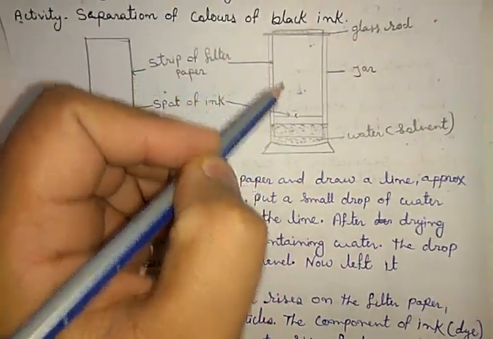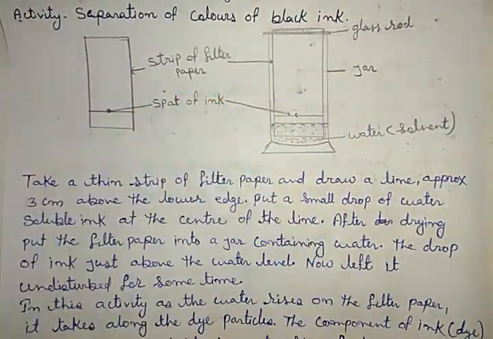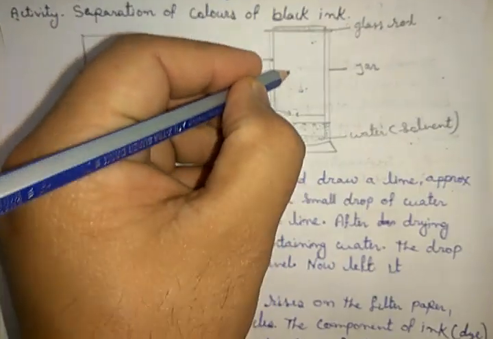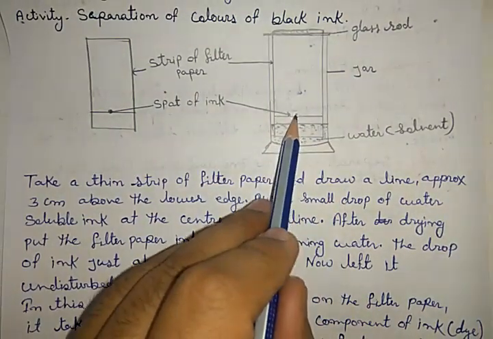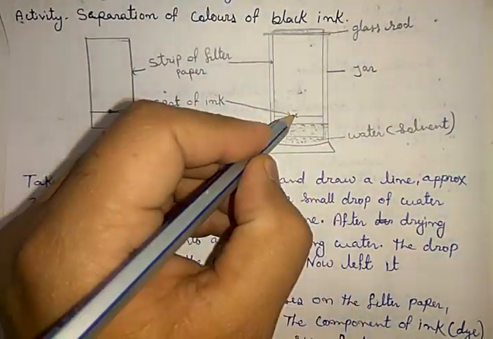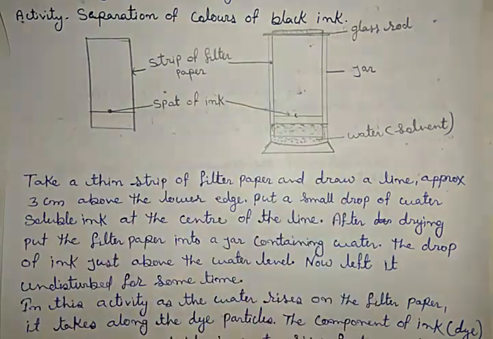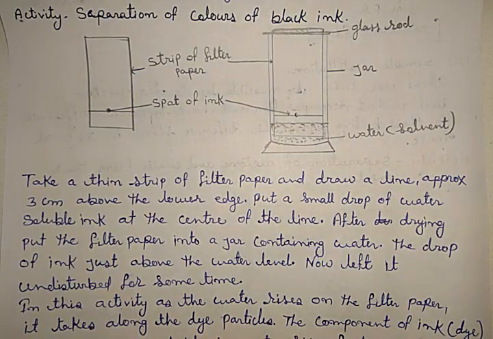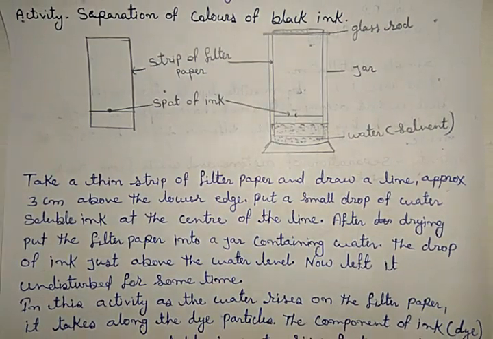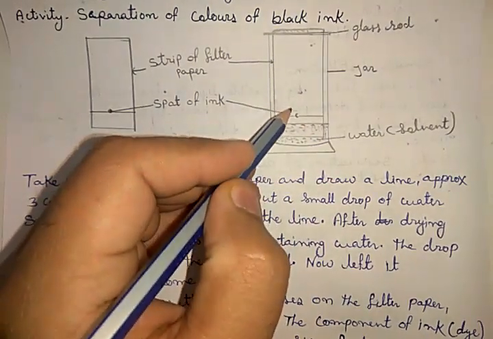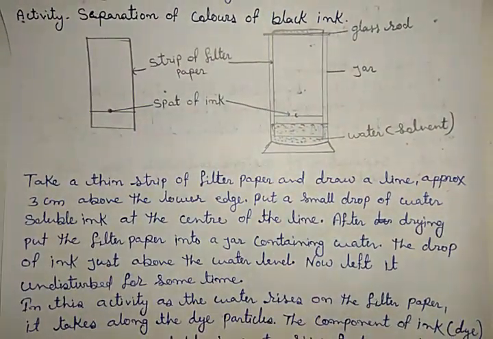Because of the absorbing nature, the water rises up, and when the water rises up, the dyes of the water soluble ink will dissolve in water and start to move with the water. Okay. The component which is more soluble will travel faster with the water, while the others which are less soluble will move slowly with the water.